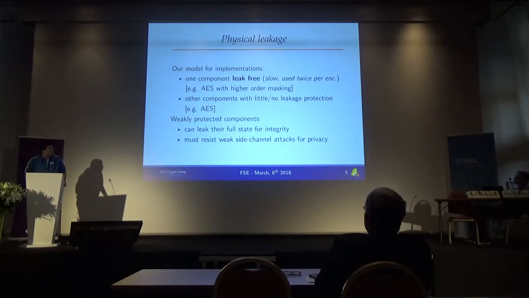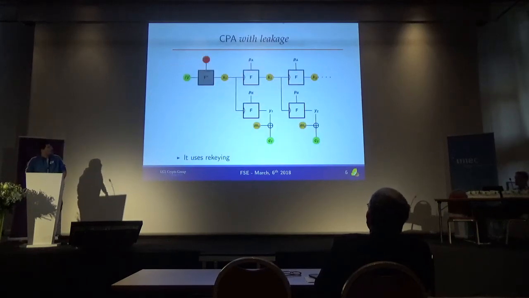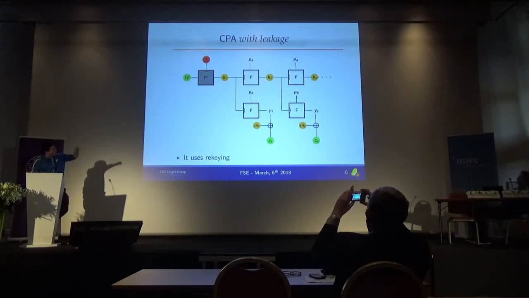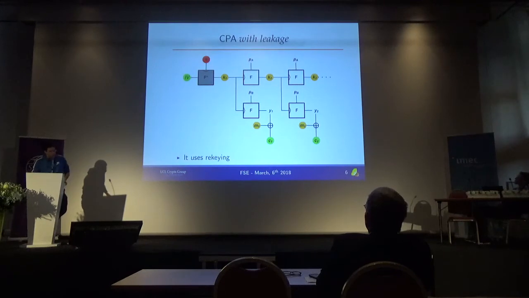For the other components, we do not need leakage protection if we want to provide integrity. We need a little leakage protection if we want to provide also privacy, because they must resist only simple side-channel attacks. One example of this idea is the scheme provided at CCS 2015, where we have the leak-free component, the dark box star, which uses the master key only at the start to provide a new ephemeral key.